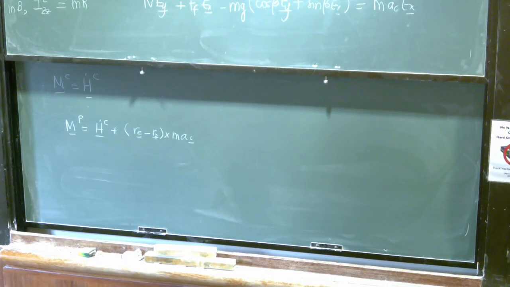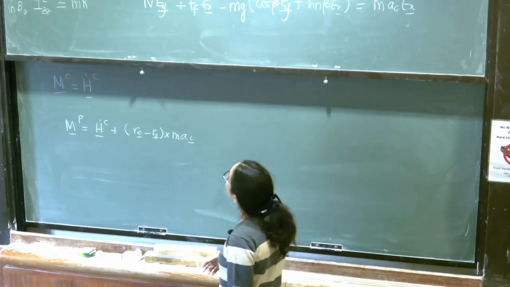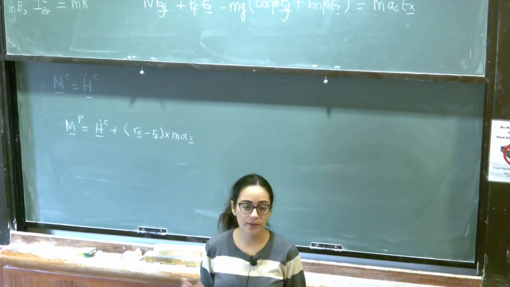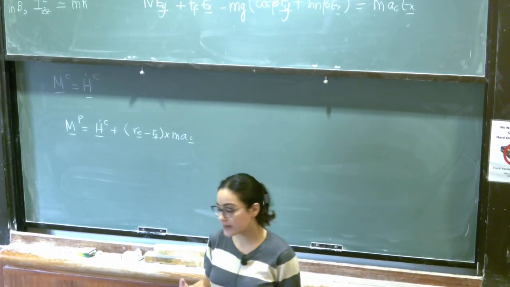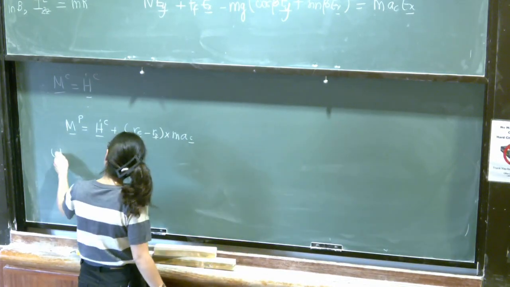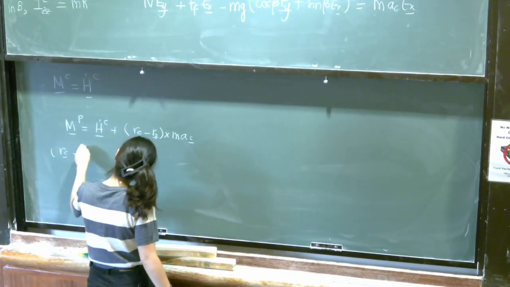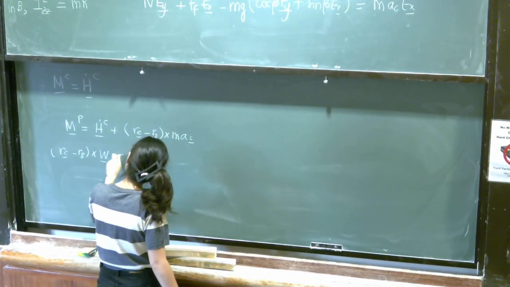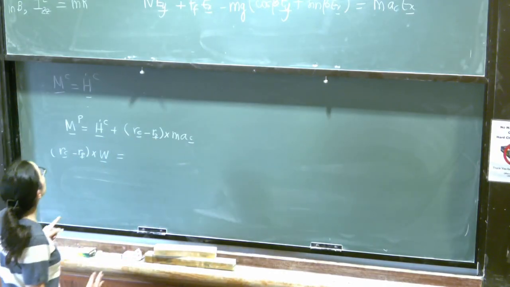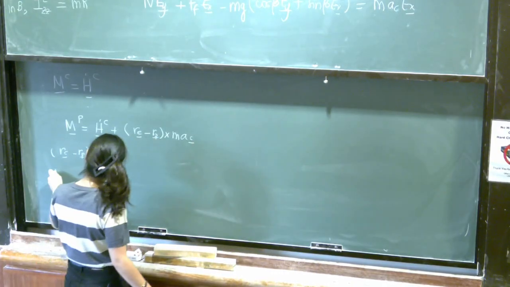So the first term is MP, sum of moments about P. What is that? How many forces give moments about P? Weight, the weight. What is the moment of the weight about P? RC minus RP, crossed with the weight. So what is RC minus RP? That's going to be R EY.